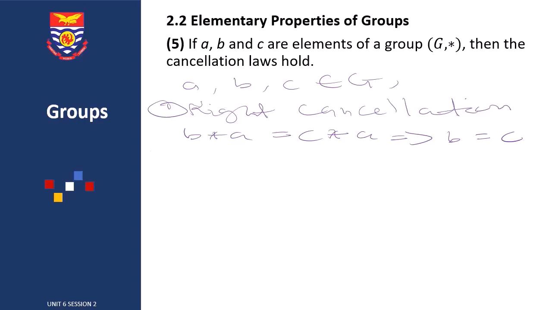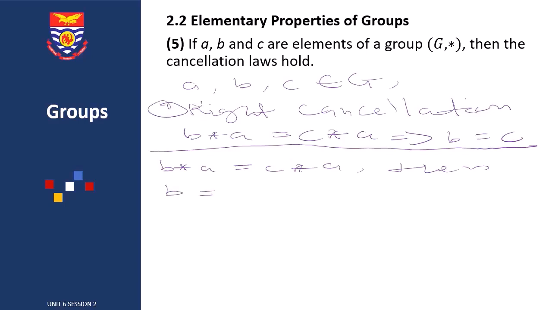So assuming, okay, let me underline this, the proof starts. We know that B star A equals C star A. Then we can say that B is the same as B operation the identity element. So B operation its identity element is the same as B operation A operation its inverse, I think they are the same, right?